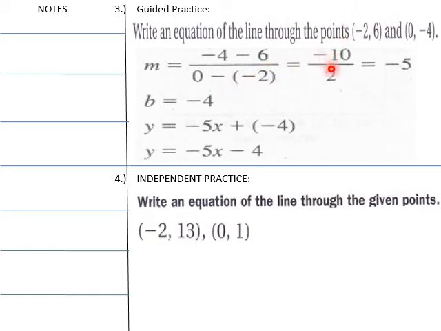And then this becomes negative 10 over 2, which is negative 5. There's our m. And then b is negative 4. Do we know that? Well, we do. Actually, when x equals 0, y equals negative 4. You should be looking at those points and figure that one out. And then so we have negative 5x plus a negative 4. And then simplifying further, we have negative 5x minus 4 for this line here.